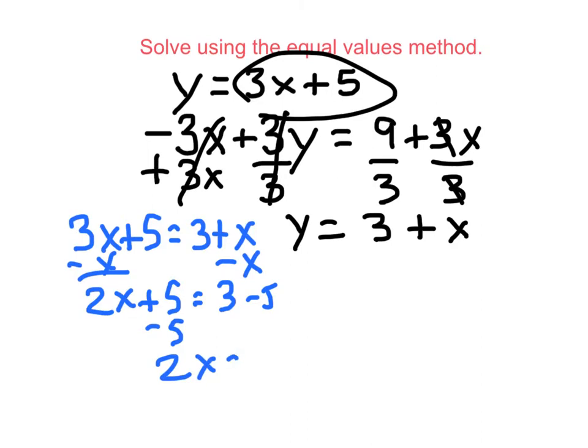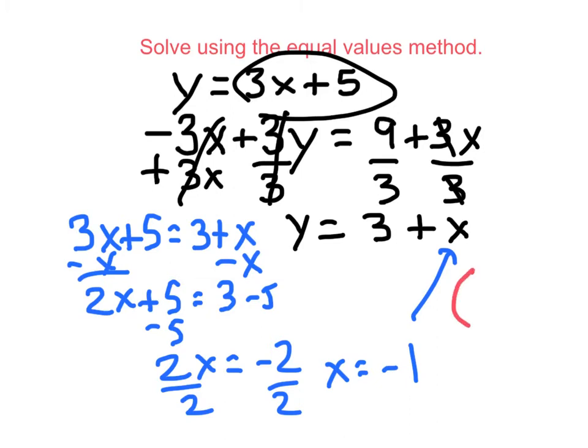So 2x equals negative 2. Now divide by 2. So x equals negative 1. Now I can substitute negative 1 into either equation. So if we put it here, 3 plus negative 1 equals 2. So the solution, the ordered pair that would be the point of intersection for these two lines, is the point negative 1, 2.